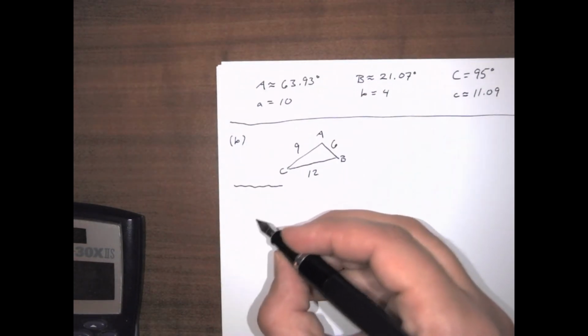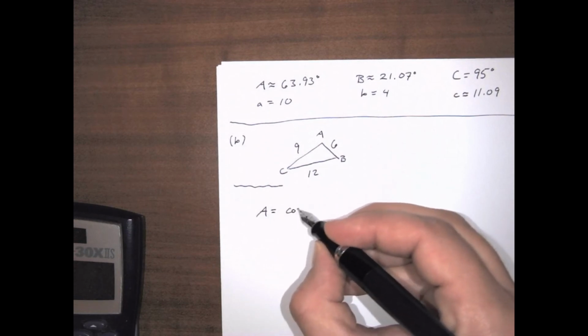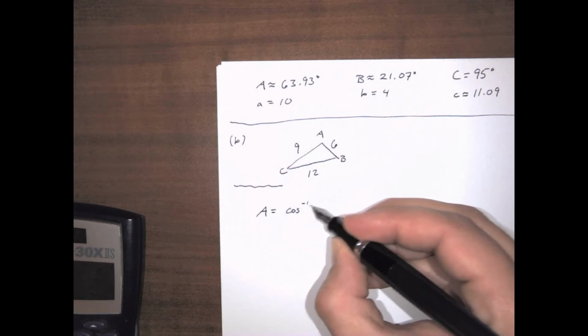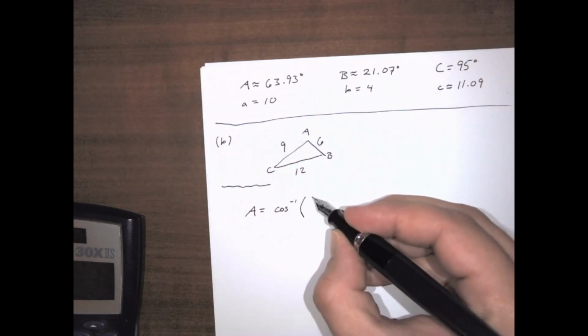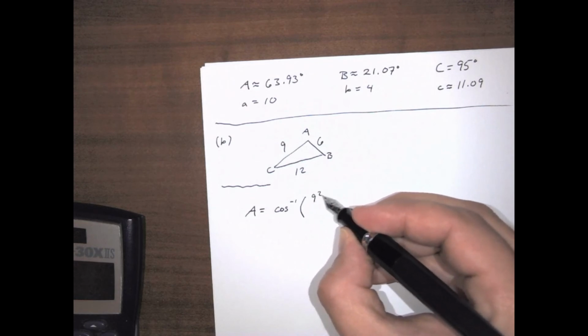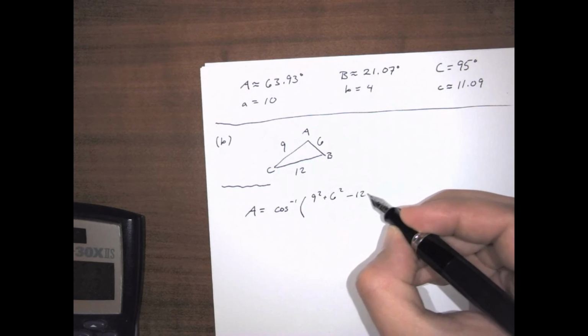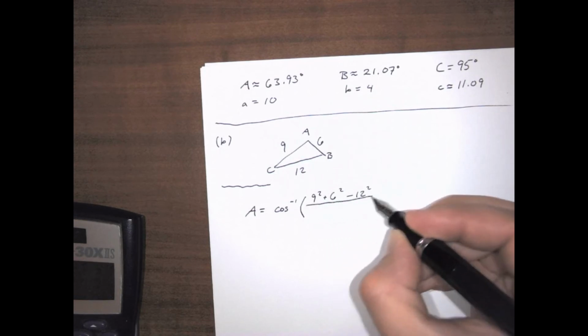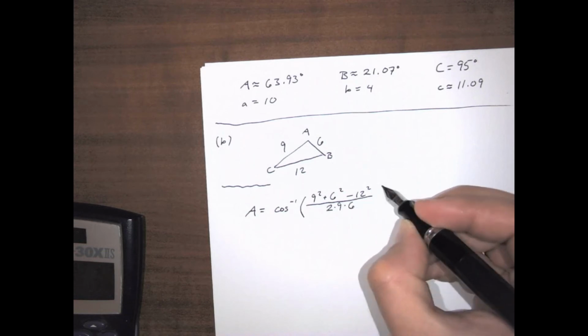Okay, now it's the three angles that we want, and so we'll just use the corresponding formula, so cosine inverse of. All right, so if it's A that we're talking about here, then it's going to be 9 squared plus 6 squared minus 12 squared, all divided by 2 times 9 times 6.